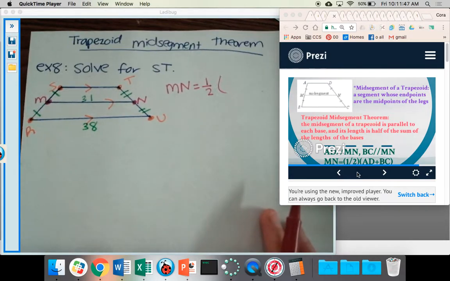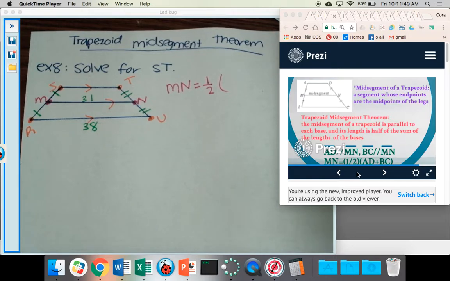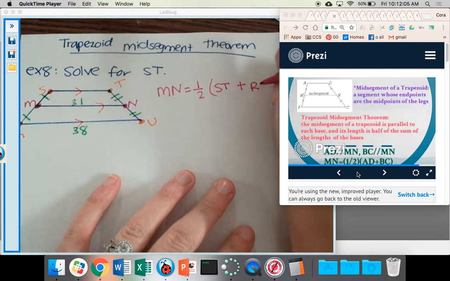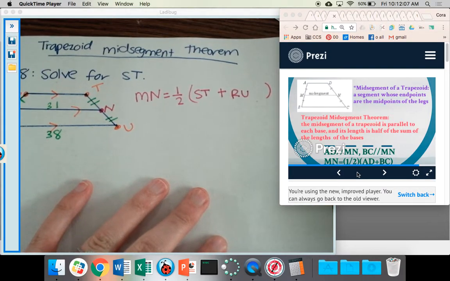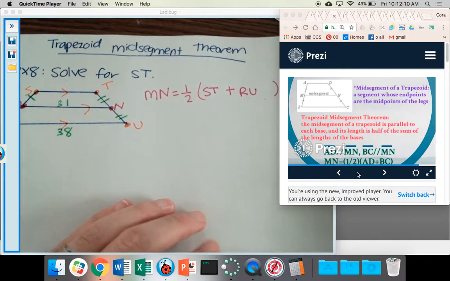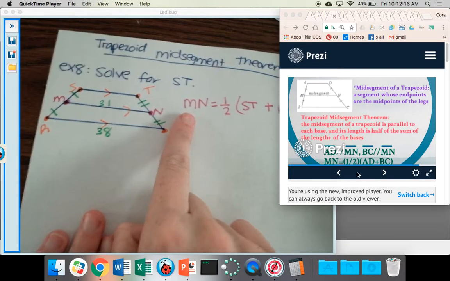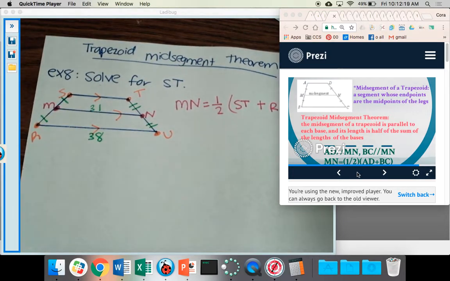What are the parallel sides in the trapezoid? One of them is ST, plus our other base, which is RU. After this, we just substitute everything in, and we will be able to find segment ST. Looking here, what is the length of MN?